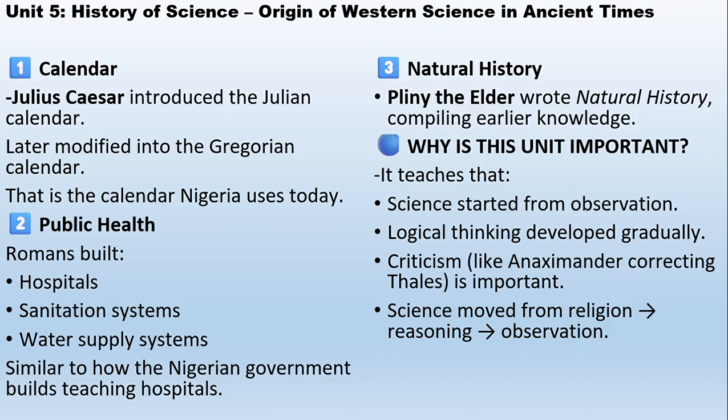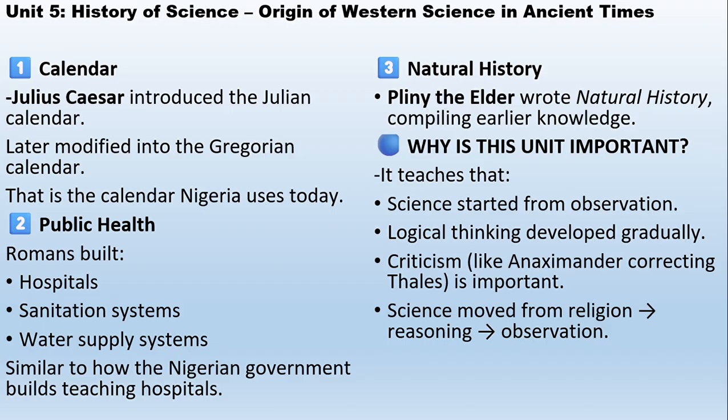Then they contributed to public health also. The Romans used science to build hospitals, sanitation systems, and water supply systems, similar to how the Nigerian government builds teaching hospitals. They took science to the next level to create facilities.